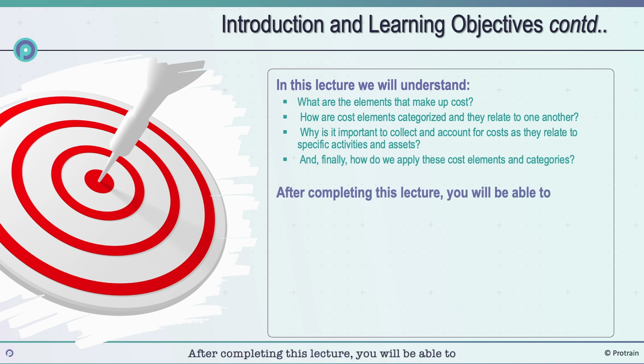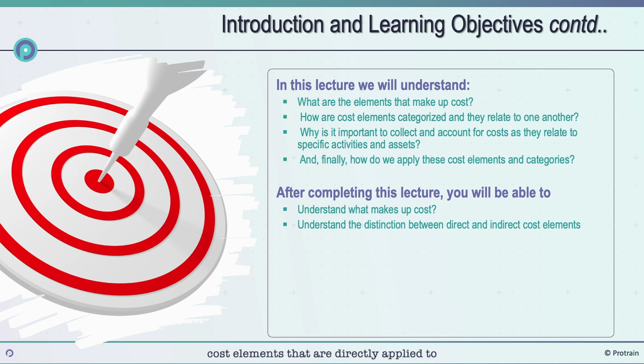After completing this lecture, you will be able to understand what makes up cost, i.e., the basic resources, material, labor, etc., that are needed to perform an activity or create an asset. Understand the distinction between cost elements that are directly applied to an asset and those that are indirectly applied.